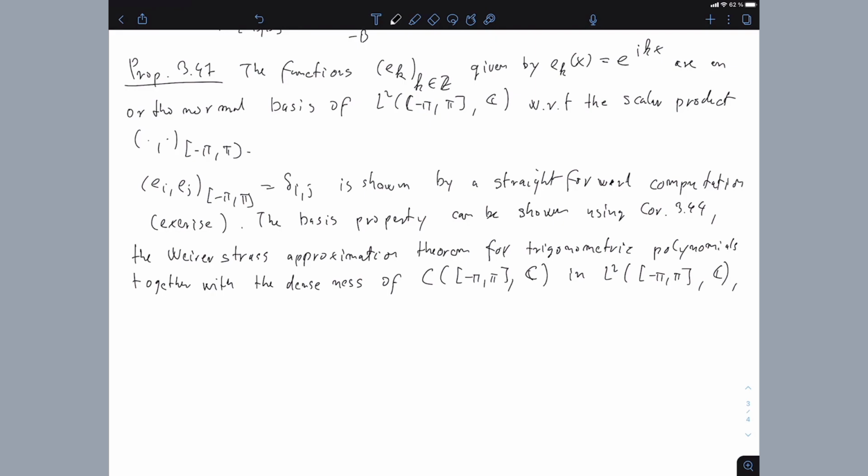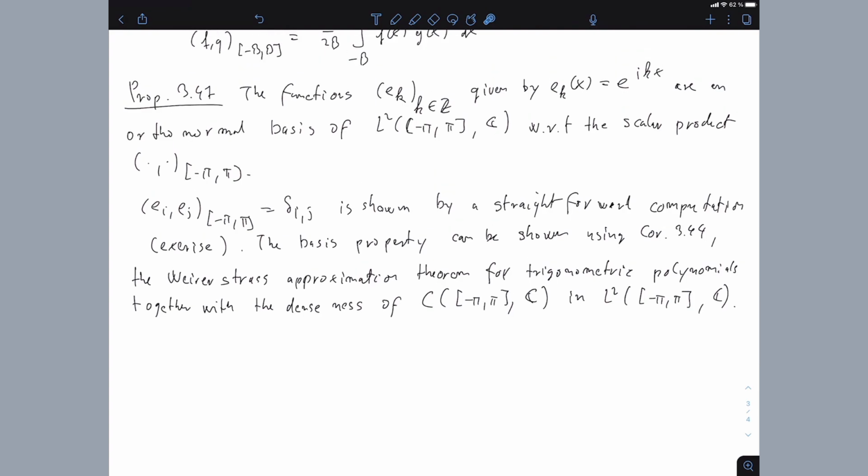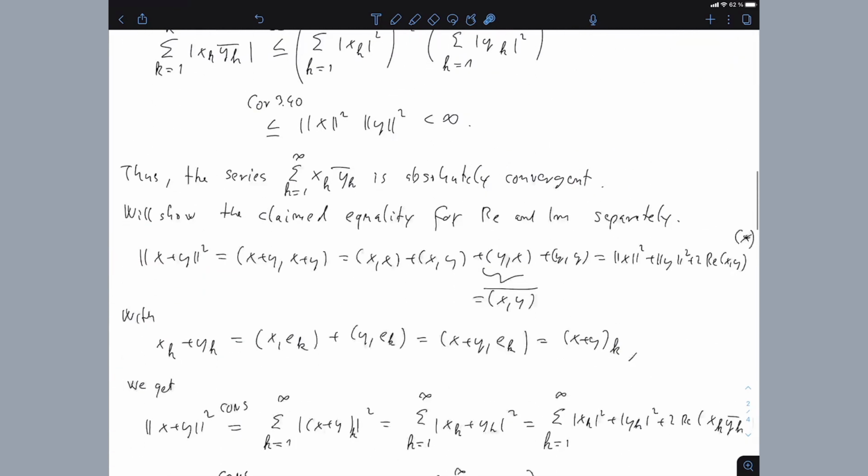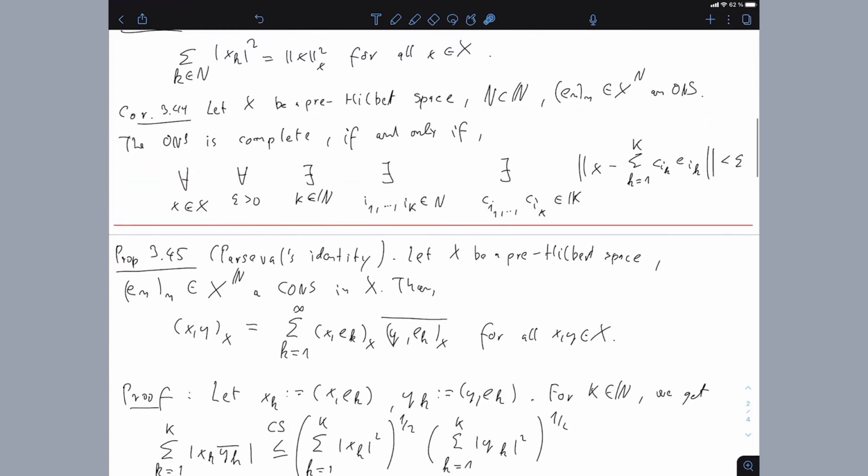So there are some more details on this in the book of Brezis and Lorenz, and I put the reference in the lecture notes if you are interested. But just to roughly see how this is done. So we want to use this 344. So that means we start with an L2 function and this epsilon bound.